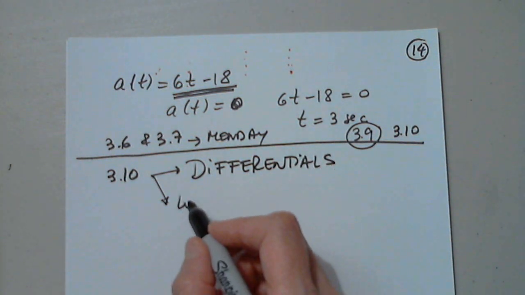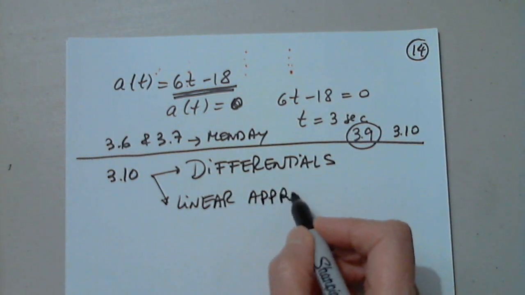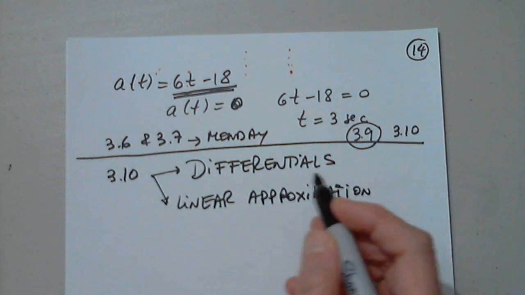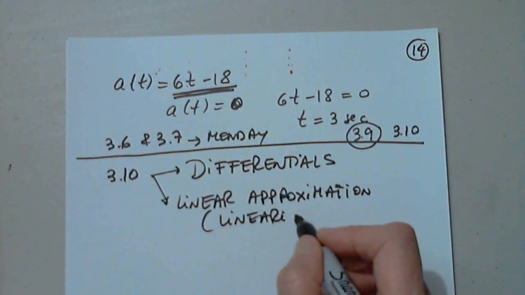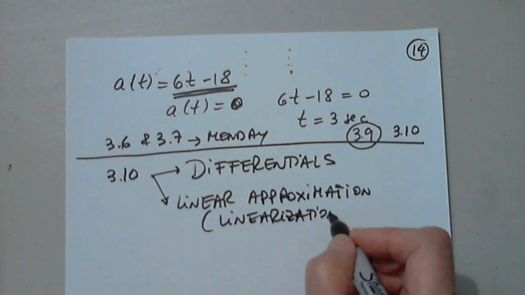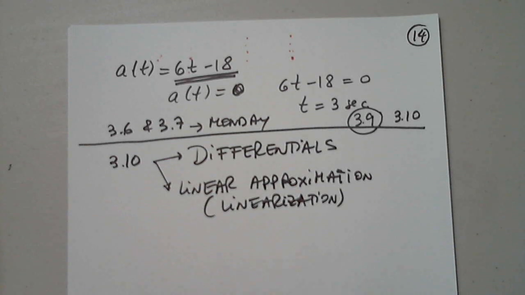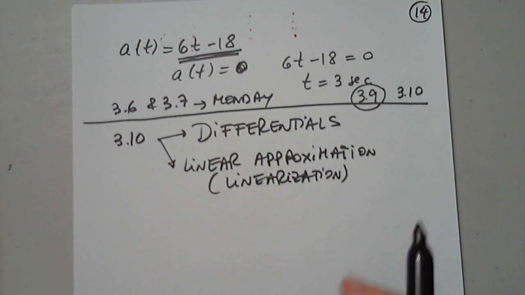And the other one is called linear approximation, also linearization. They go together. I don't know if I can finish either one in 10 minutes. We'll try. But I will start with differentials.